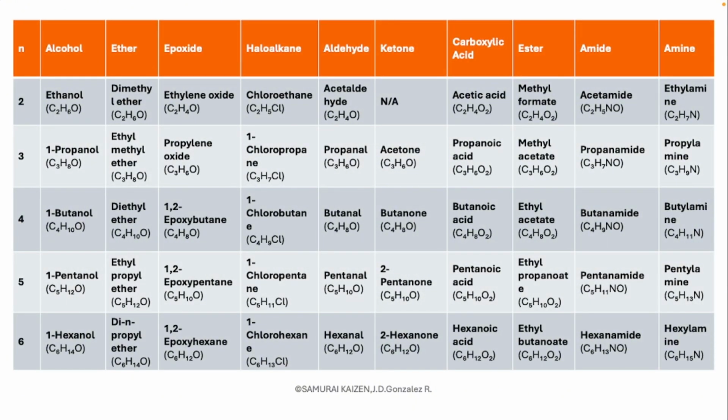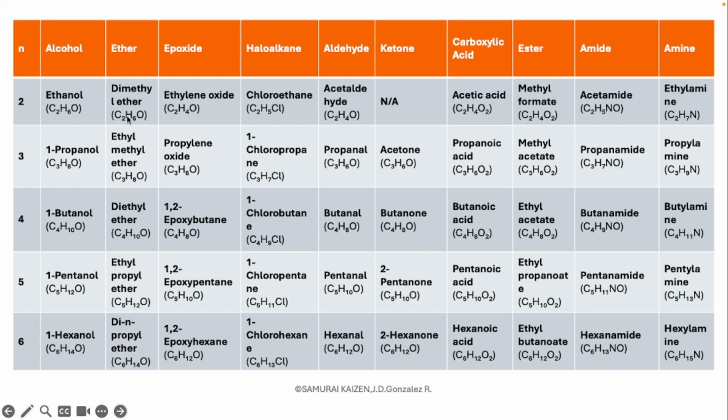And well, here there are some examples of how to read some of the most common species according to the number of carbons they have and their corresponding functional groups. For example, if you have a chain of 3 carbons, for an alcohol an example would be 1-propanol.